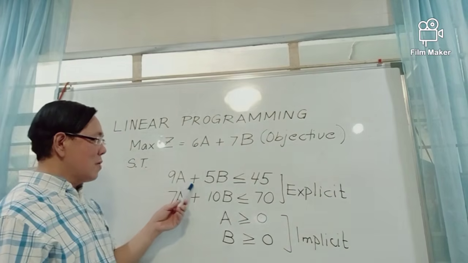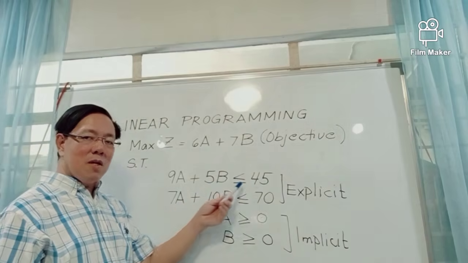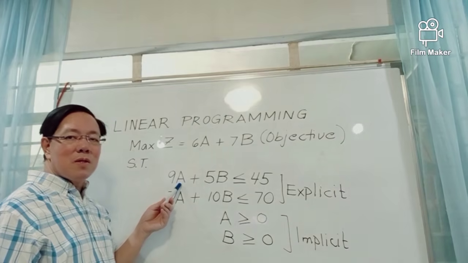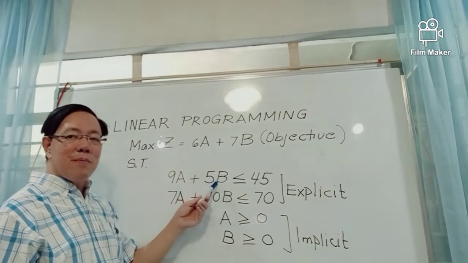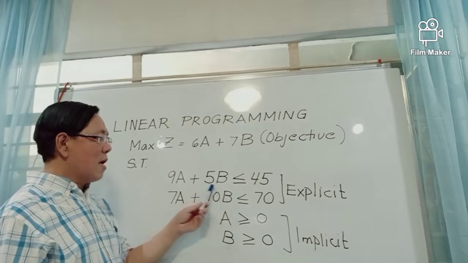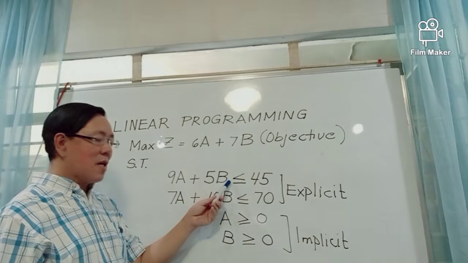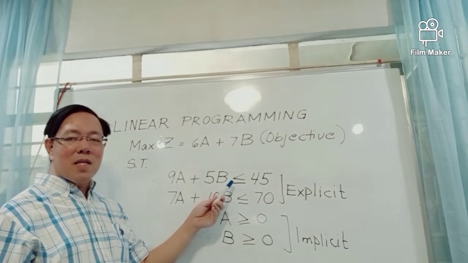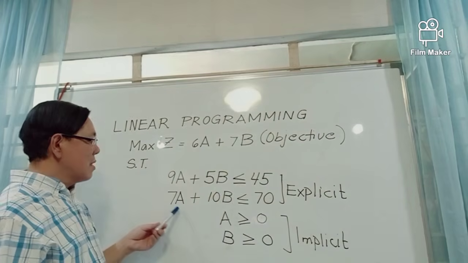It is called a linear inequality because the exponents of both the decision variables A and B are 1. And it is an inequality because it contains the less than sign, one of the inequality signs.